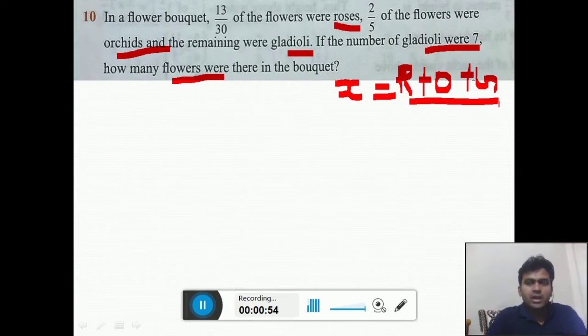So we can find the fraction of rose in the term of X. We will find the fraction of orchid in the form of X, and the quantity of gladioli already given 7. So we will make equal to X. So we will have the equation in the form of X, and then we will simplify this equation and we will find the value of X, that is total number of flowers.